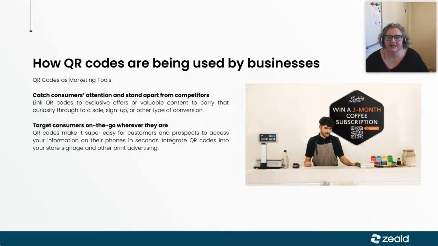You can target consumers on the go wherever they are. So QR codes make it super easy for customers and prospects to access your information on their phones in seconds. You can integrate QR codes into your store signage and other print advertising. And we have done a bit of work on this with a partner where they have put QR codes into bus signage, and then that's related through to a competition that we've placed within the website.